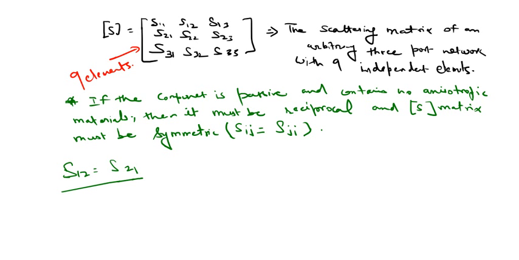If all the ports are matched, then the reflected part will be zero and the scattering matrix elements will be zero. So basically in case of lossless, let us see on the next page.